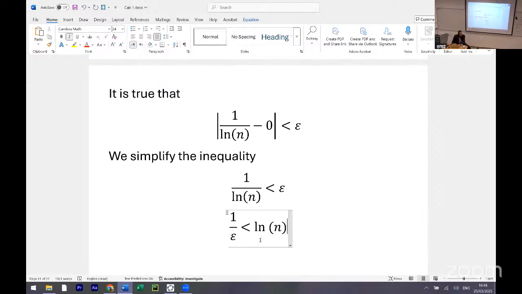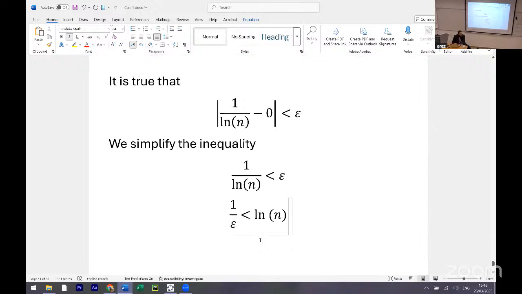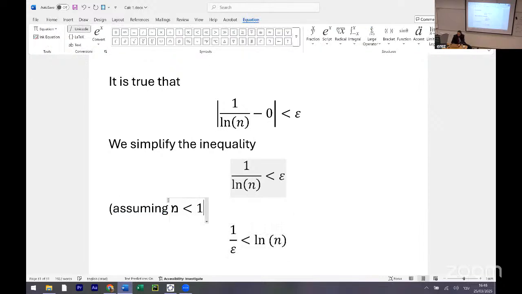Why not do that? Yes. Because we're multiplying by ln of n, but ln of n could be 0. No, it's positive. No, we ignore n equals 1. If ln of n is 0, then in any case it's false. Okay, we'll write assuming n is larger than 1.